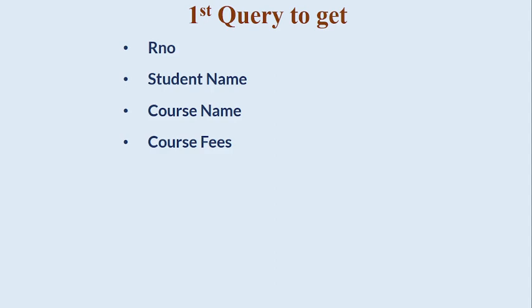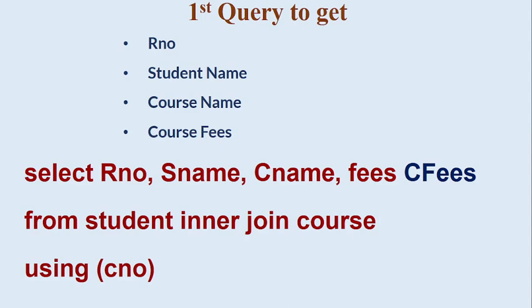So to get this information, we have to write query as select roll number, student name, course name. This capital doesn't matter. This capital small I have given purposefully because it comes into the display part. And C fees, that is course fees, I am taking as a C fees. Then student inner join course using CNO.